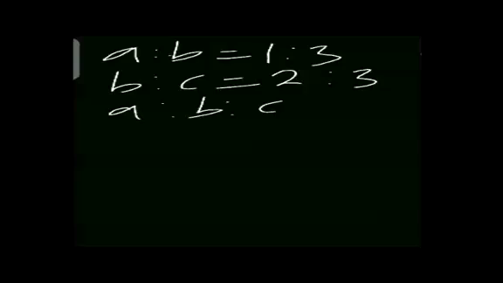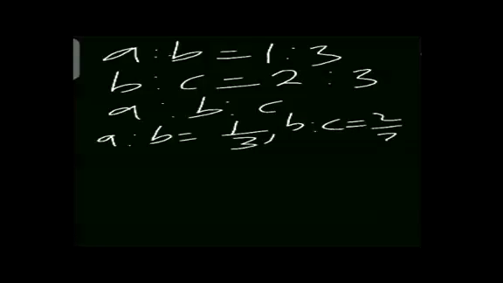Using the idea of what I told you, A over B is the same thing as A ratio B. So I can say A ratio B equals 1 over 3 and B ratio C is 2 over 3. Let me write that one. I can say A ratio B is 1 over 3 and B ratio C is 2 over 3.